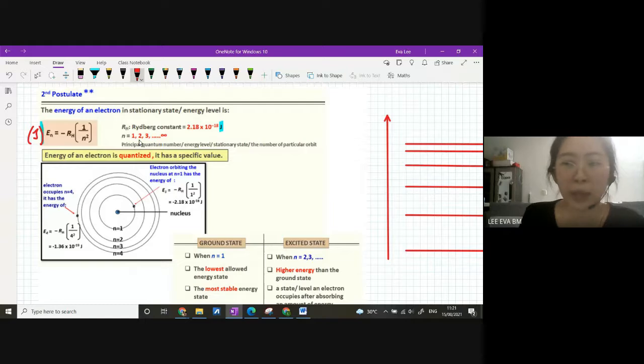It must be a whole number, 1, 2, 3, etc. It depends on the question. The question will tell you that the electron is now at energy level 1, 2 or 3, so answer the question accordingly. n is also represented by the principal quantum number, which we will explain in 2.2, the energy level, stationary state, or the number of a particular orbit. The name used to represent n differs according to the question.